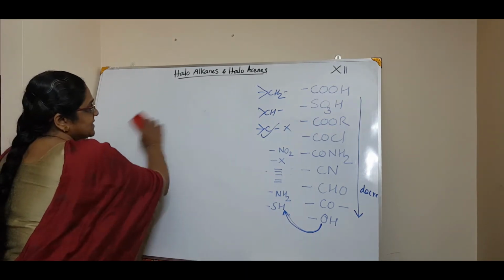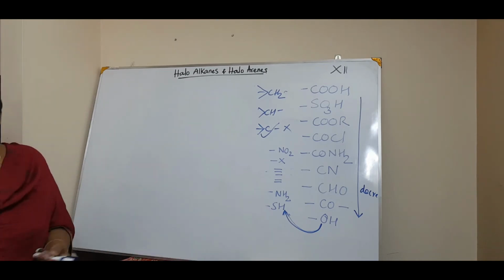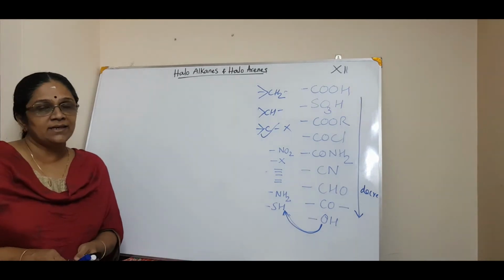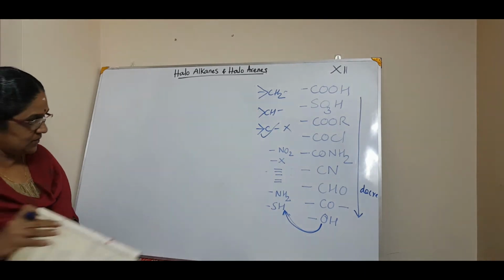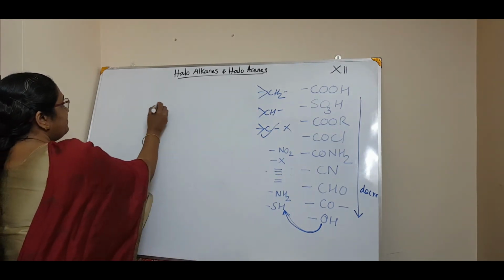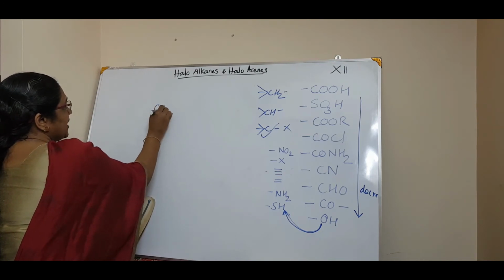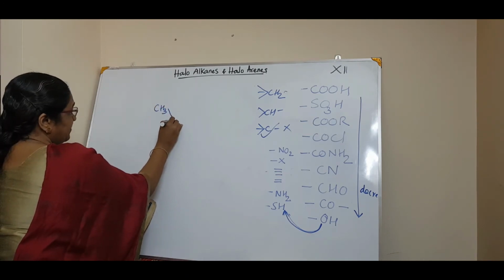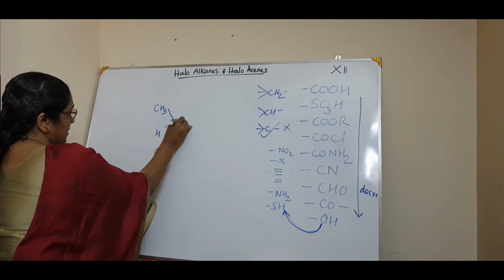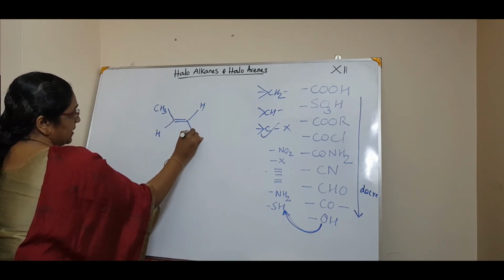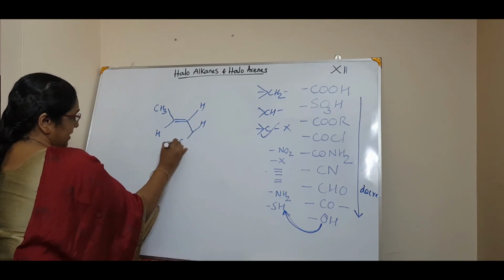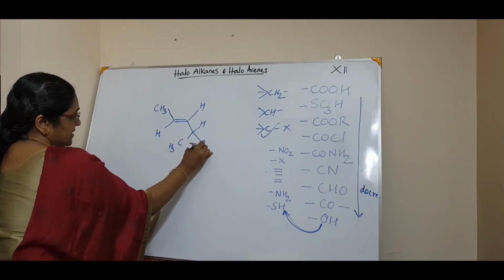Just listen, I will give you a structure. I will do one or two for you, then the following will be the homework for you. Just listen very carefully. First is CH3, then a double bond, then H, here it is CH3 and here it is Br.